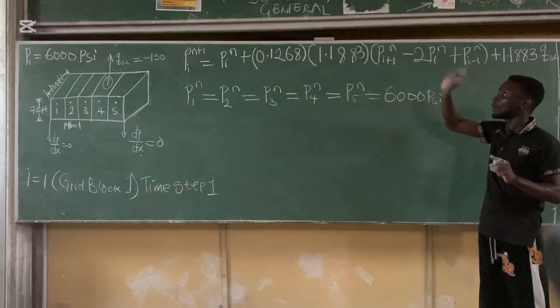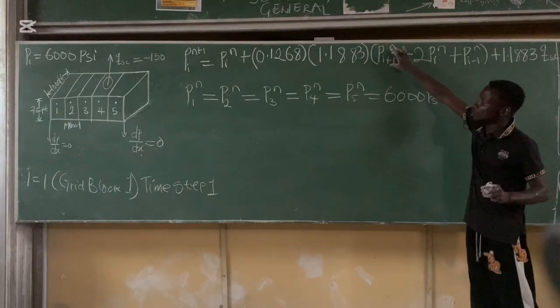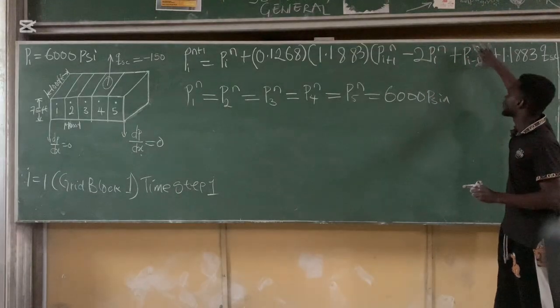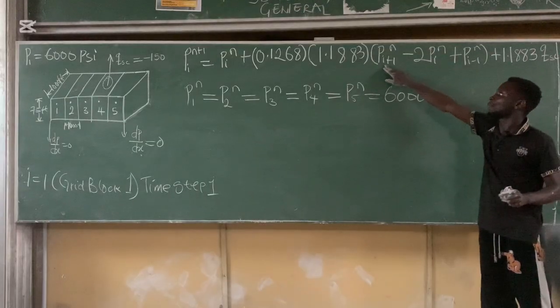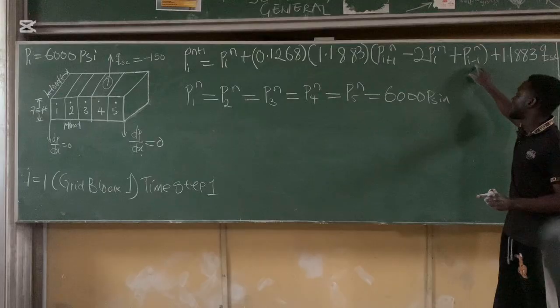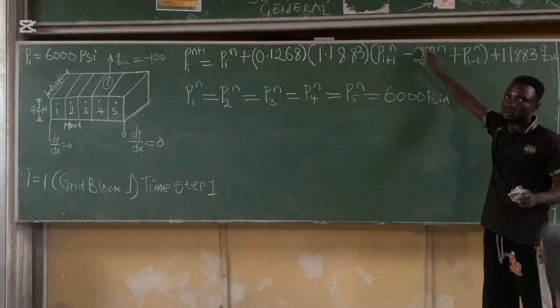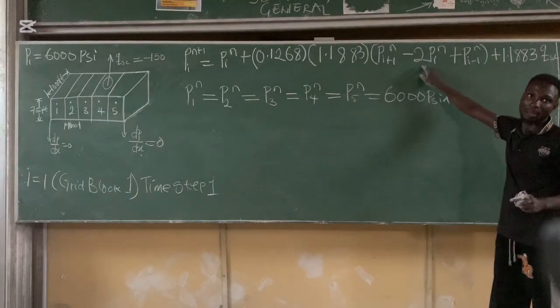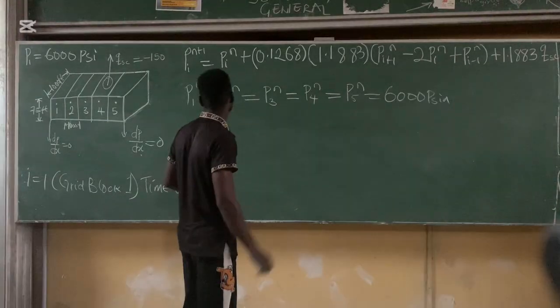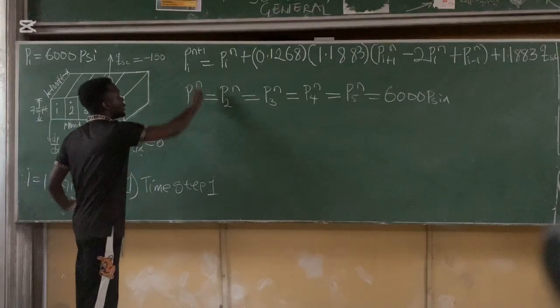Then if this one is not 0 and this one is also not 0, this becomes 2, just like now that we have Pi plus 1 and Pi minus 1. Since the two are here, we have 2. But if any of them is 0, these two change to 1. Take note of that.